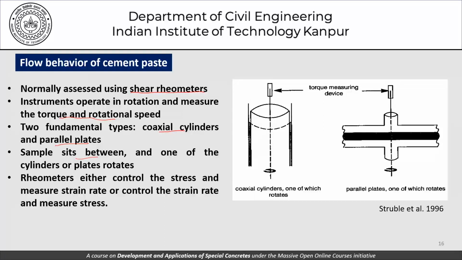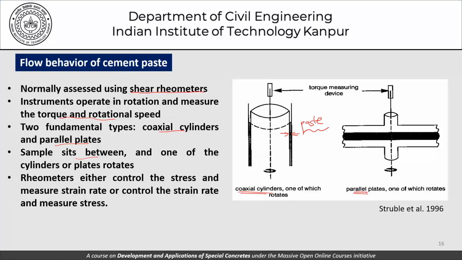As is shown here, this is the coaxial cylinder type and this is the parallel plate type of rheometer. The space between the inner cylinder and the outer cylinder is where the paste in our case, or the sample in a more generic sense, will be placed.